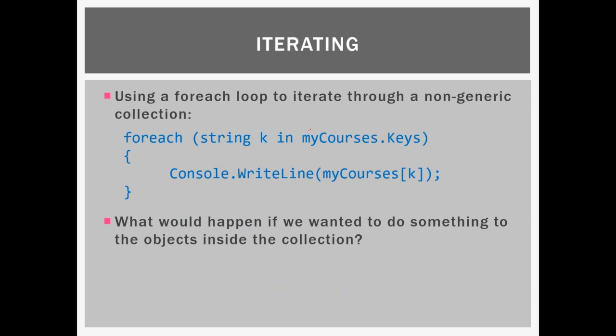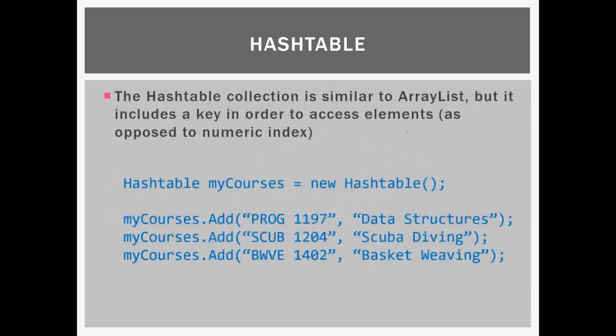Now in this example, the My Courses hash table has two sub-collections: the collection of keys, which would contain these three guys right here, and that is the keys collection. And then these three over here, that is the values collection.